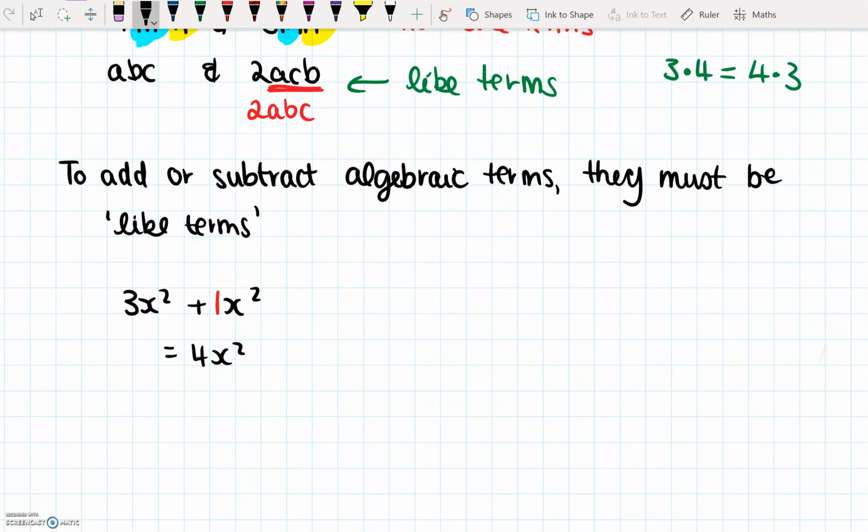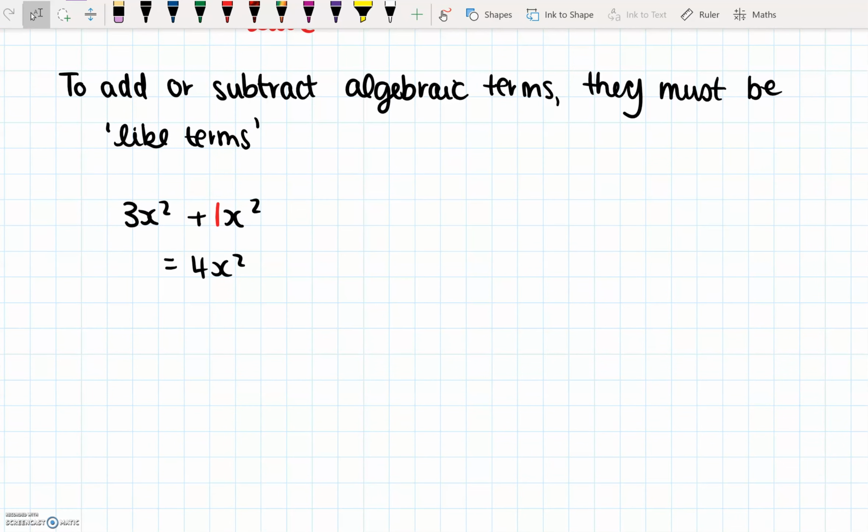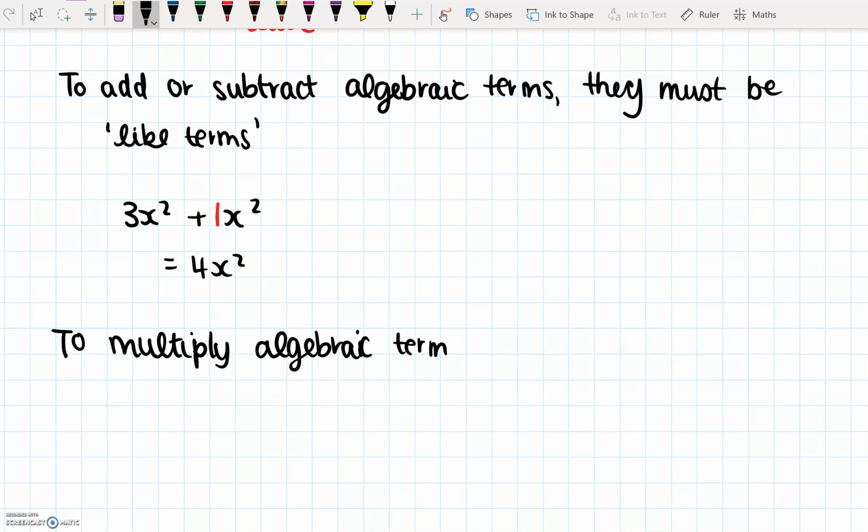Now, we can also do multiplying. To multiply algebraic terms, they don't need to be like terms.